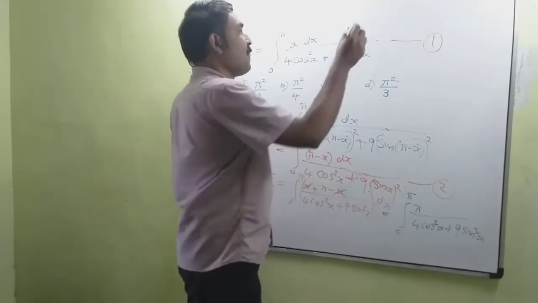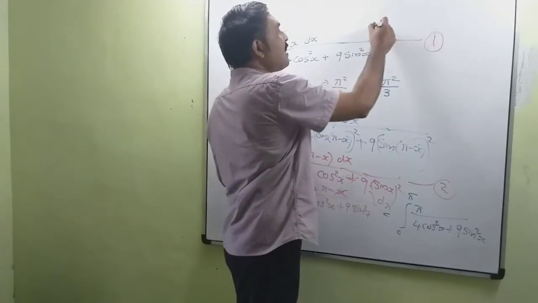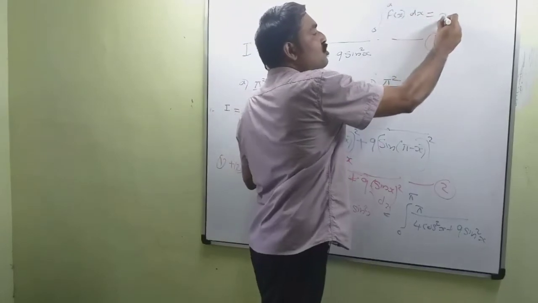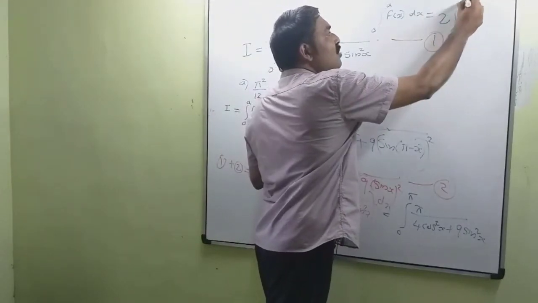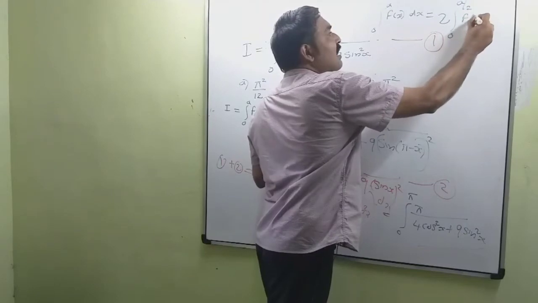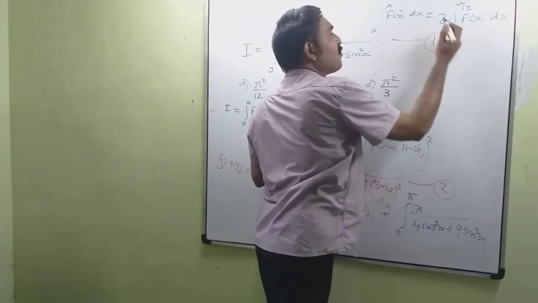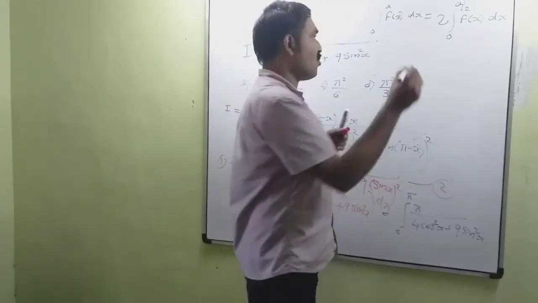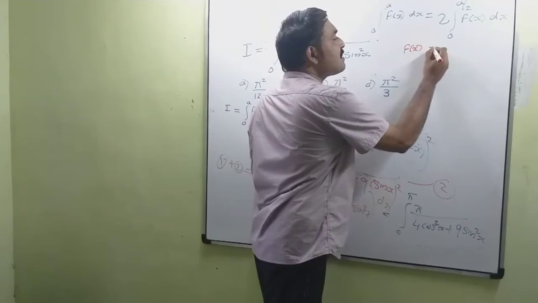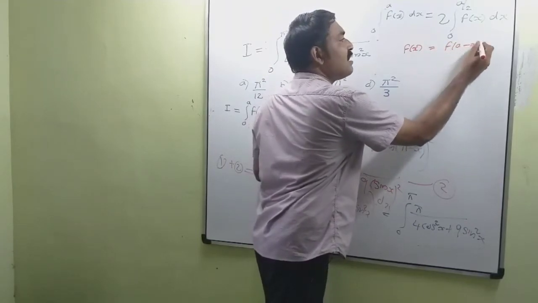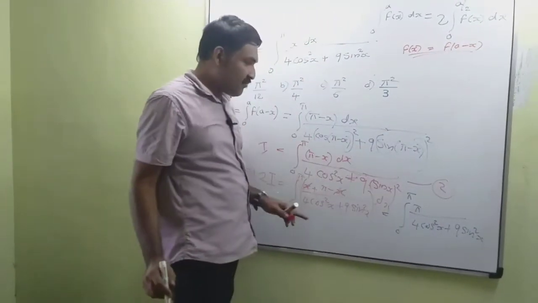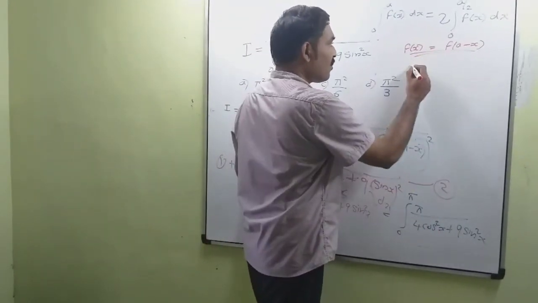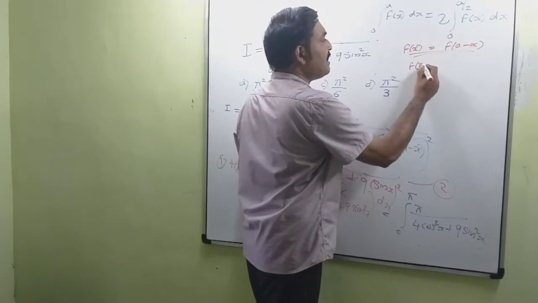Now we have a property. Using this property, that is the integral from 0 to a of f of x dx is equal to 2 times the integral from 0 to a by 2 of f of x dx, provided, what is the condition? The condition is f of a minus x is equal to f of x. Right, now our f of x is pi divided by 4 cos square x plus 9 sin square x. Now, what is f of pi minus x?